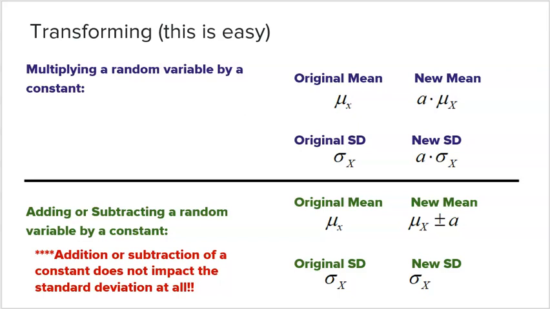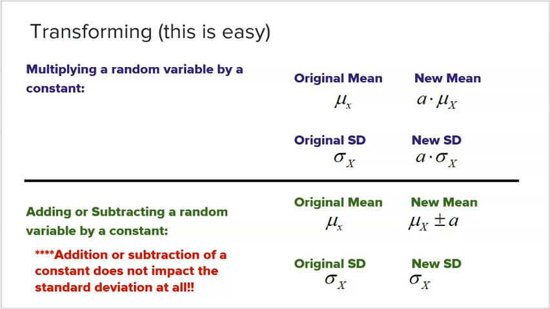If you have your original mean as mu, then the new mean is simply A times mu. Multiplication affects mean. That's easy. We've actually covered that way back in Unit 2. Original standard deviation is sigma, and the new standard deviation would be A times sigma. So basically, multiplication of a constant affects both the mean and the standard deviation by just multiplying by that constant.